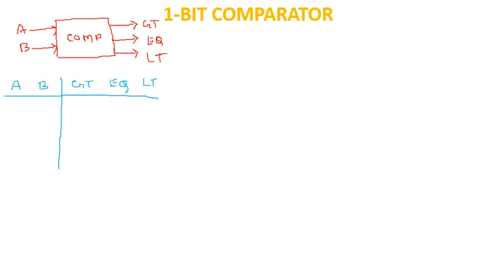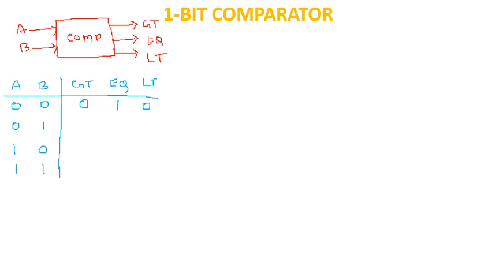The truth table of the comparator will be like this. That is, the number A can be 0 and B also can be 0, or A can be 0 and B can be 1. A can be 1 while B is 0, and both can be 1, 1. So when A and B are 0, 0, the signal equal will be active and the other two signals will be 0.